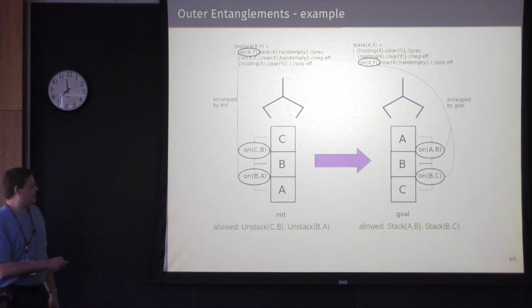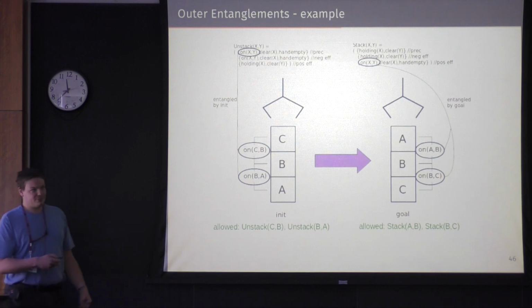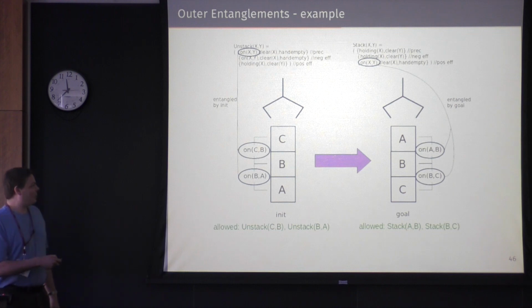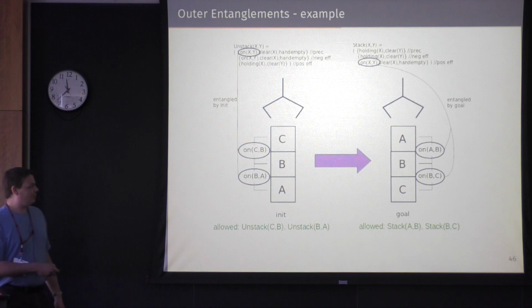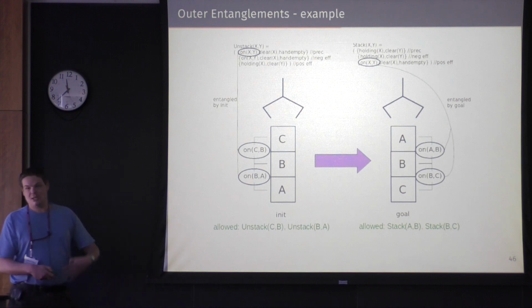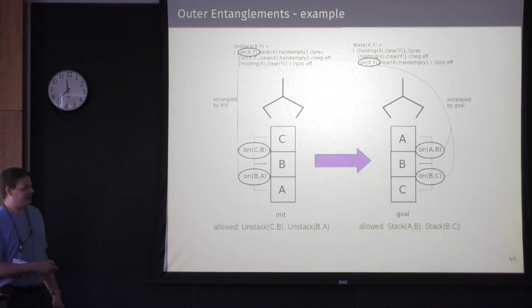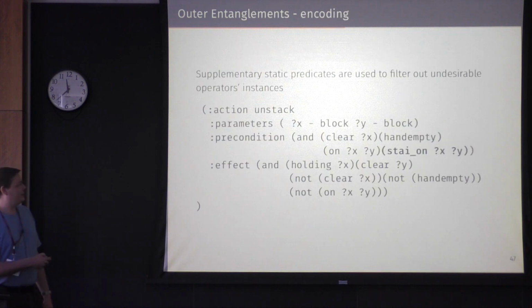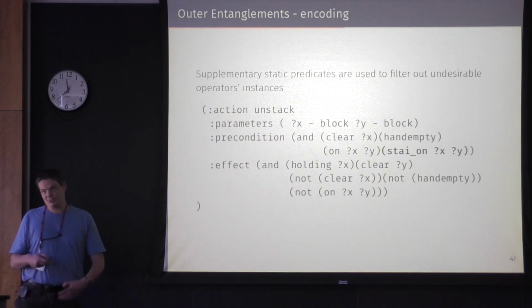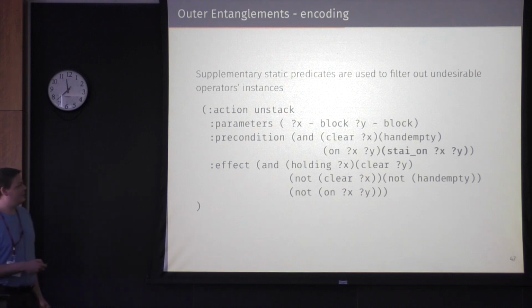But in this case, since you can have a block only on another block initially, or only on another block in the goal state, the number of instances of these actions, when we consider these outer entanglements, is linear.